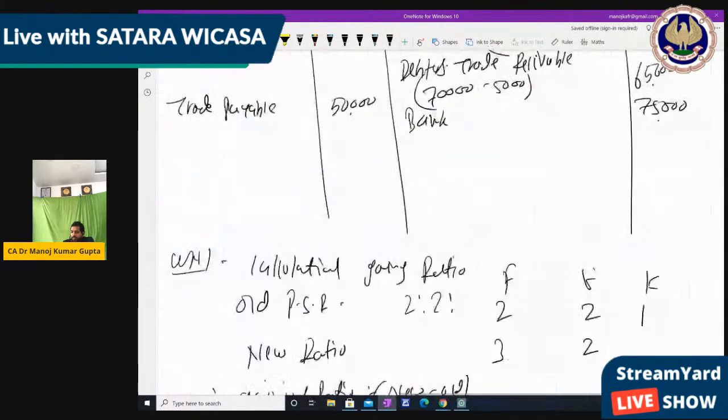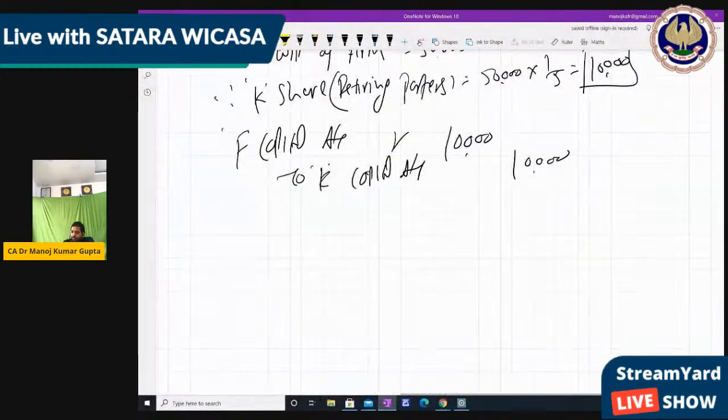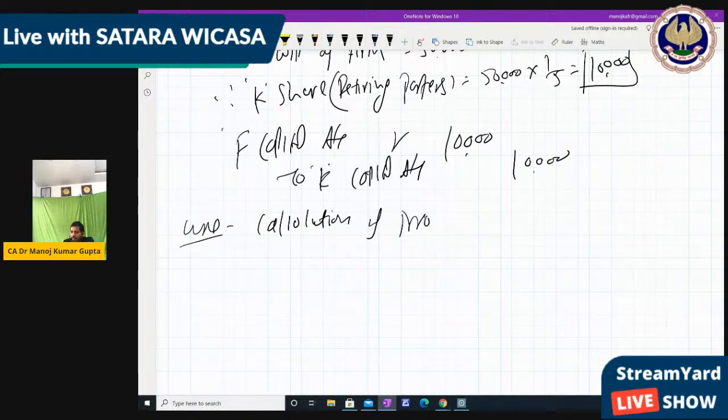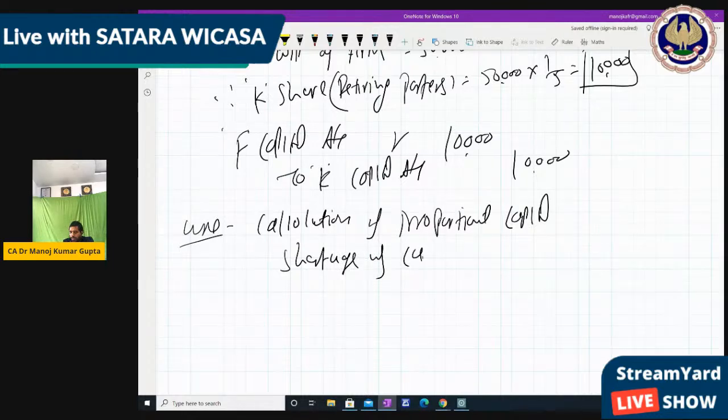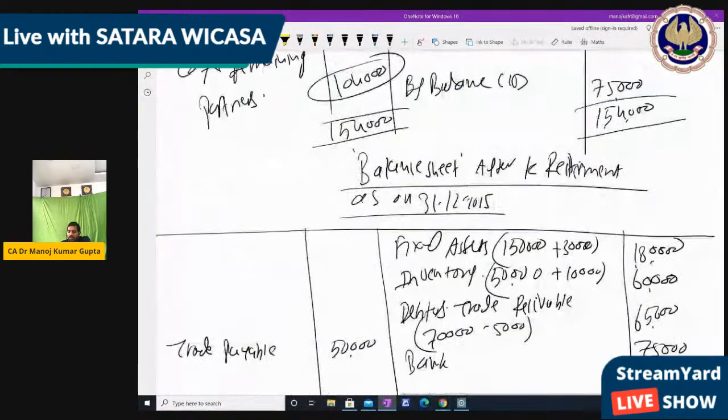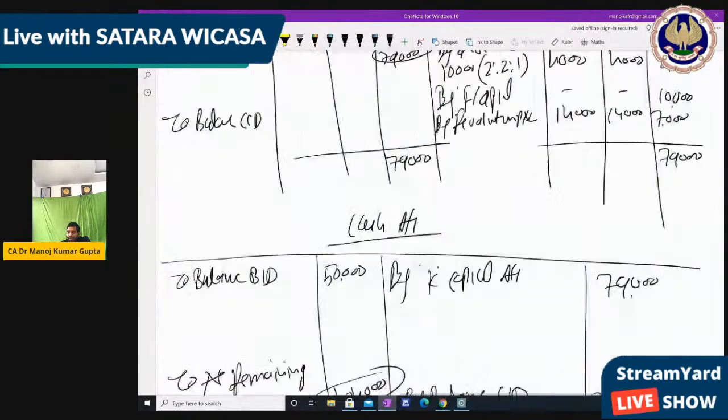Now for that we make the working note: calculation of proportionate capital. For that, shortage of cash 1,04,000. Right. So 1,04,000 we have to get from the shortage of cash.